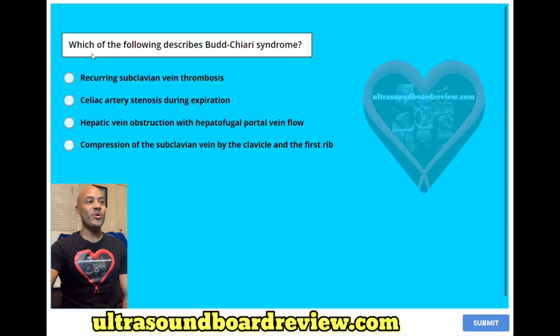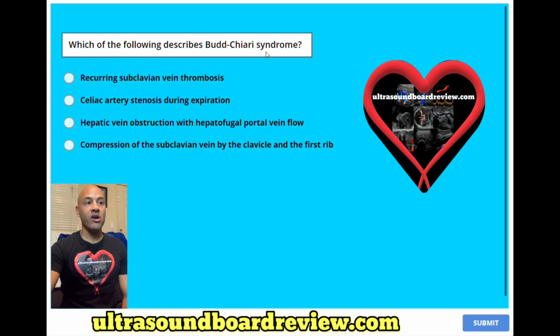Question 91. Which of the following describes Budd-Chiari syndrome? A, recurring subclavian vein thrombosis, B, celiac artery stenosis during expiration, C, hepatic vein obstruction with hepatofugal portal vein flow, or D, compression of the subclavian vein by the clavicle and the first rib.